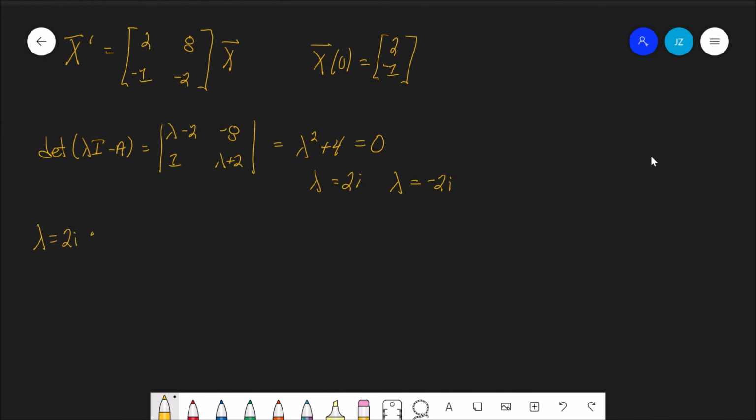So we get lambda 1 is 2i, and the second would be negative 2i. We're strictly going to work with this 2i one. So we want to find the eigenvector associated with 2i. We'll have a 2 by 2 matrix, [negative 2 plus 2i, negative 8; 1, 2 plus 2i].